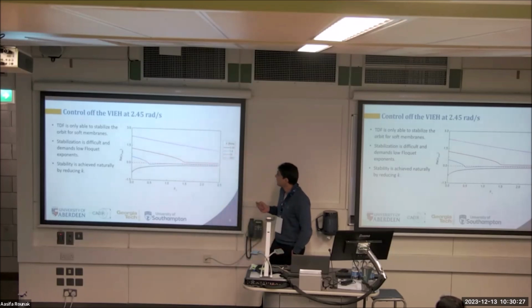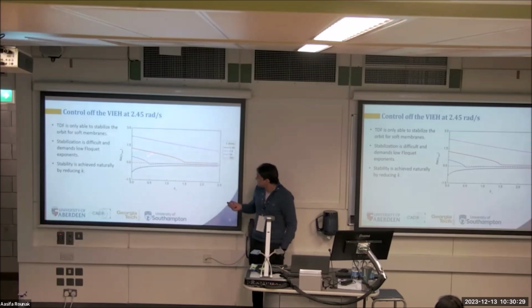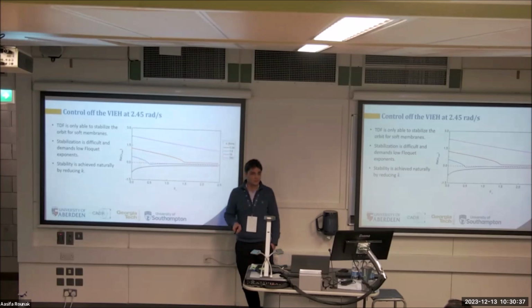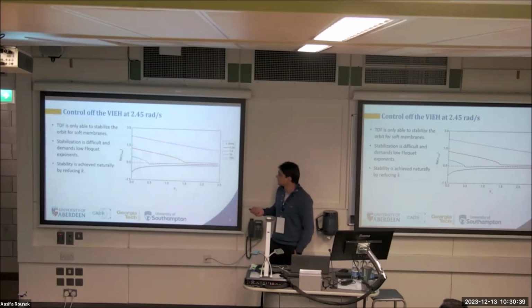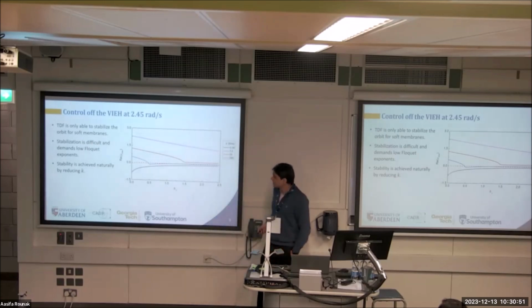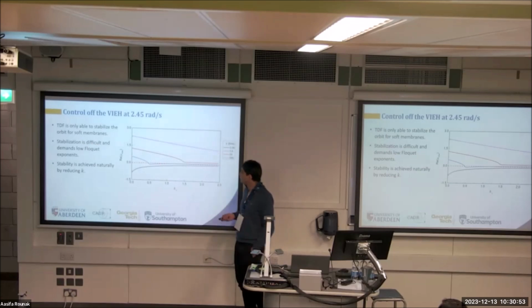So that's why. And if you see the trends in the control, what happens is that we can reduce the Floquet exponent, but we cannot reduce it enough for high values of stiffness. And only for 5.6, we have this little region here, where the orbit is stable. Okay, so that chaotic attractor doesn't work very well.